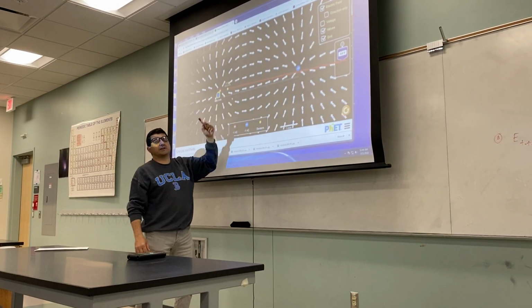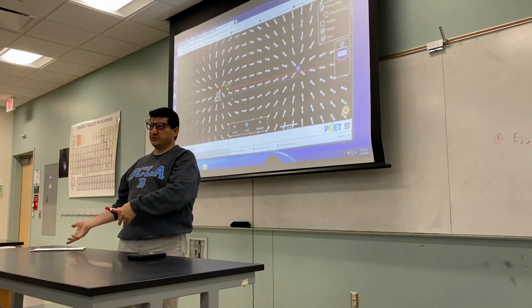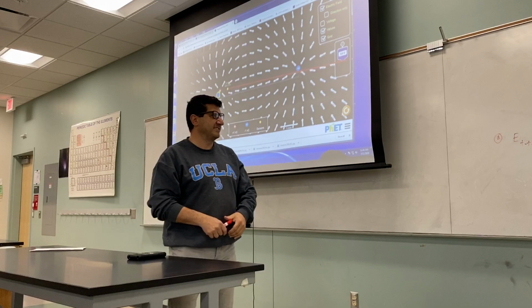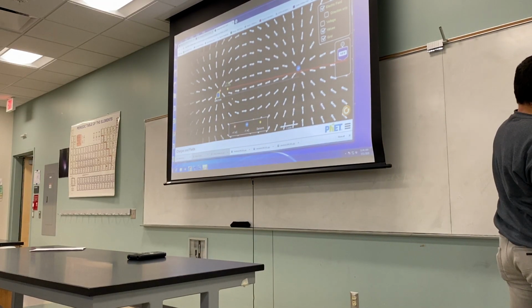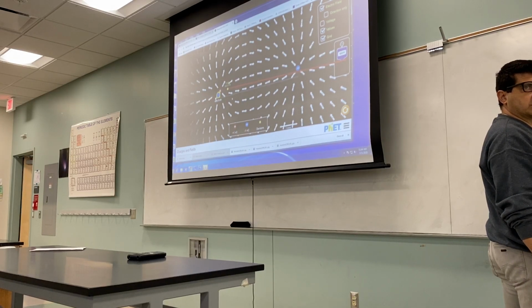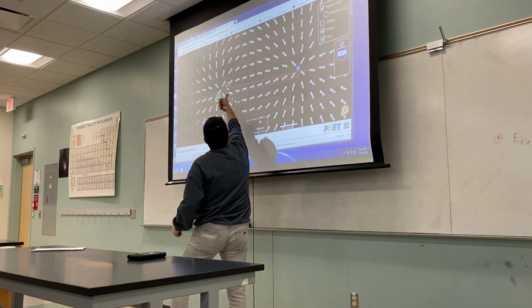Why do they have units of volts per meter? Because newtons per coulomb is the same thing as volts per meter. So it's telling me that if I'm over here, the electric field is 58 newtons per coulomb, and it's going that way.